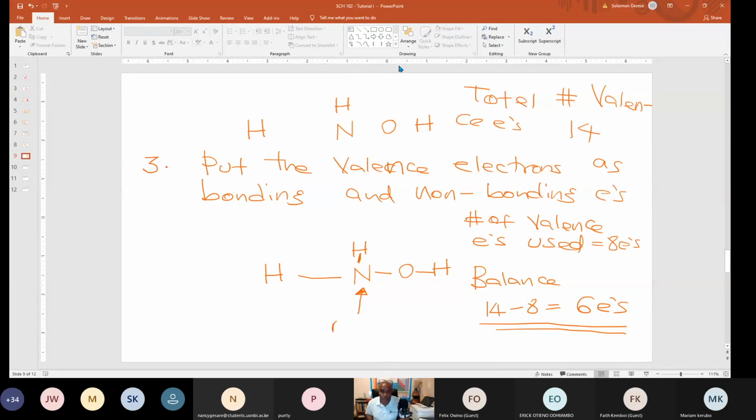So this nitrogen does not have an octet. If you look at the oxygen, this oxygen has only formed 2 bonds, with this nitrogen and then with the hydrogen. No octet. Now, we'll use the remaining 6 electrons to fulfill the octets of the oxygen and the nitrogen.